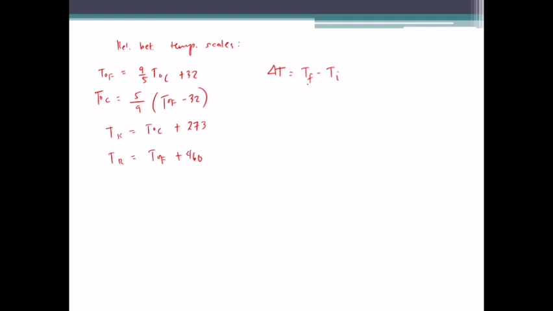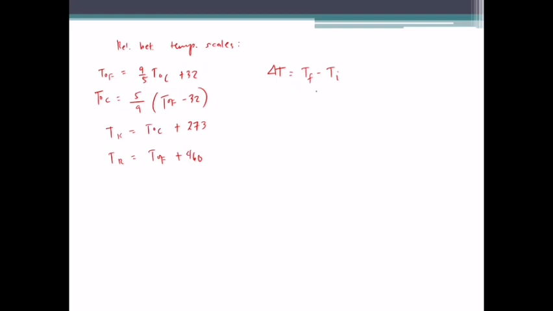If you obtain a negative delta T, it means the final temperature is less than the initial temperature, so it got colder. If delta T is positive, the final temperature is greater than the initial temperature, so it got hotter, and the temperature rose.